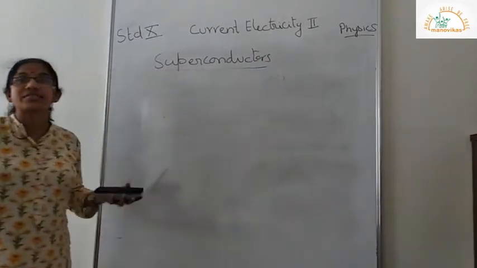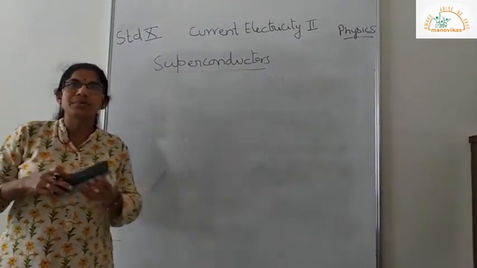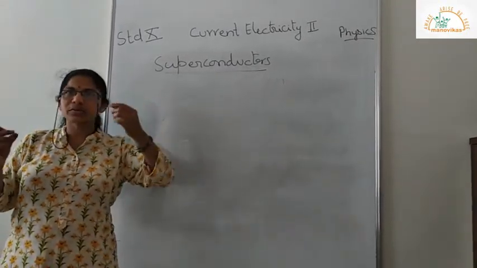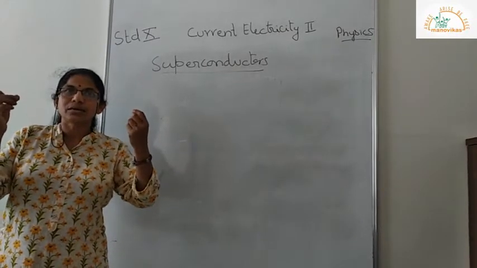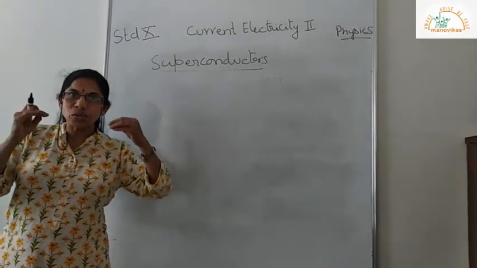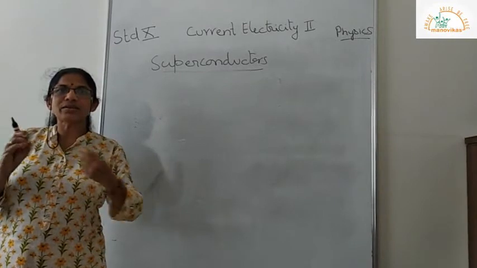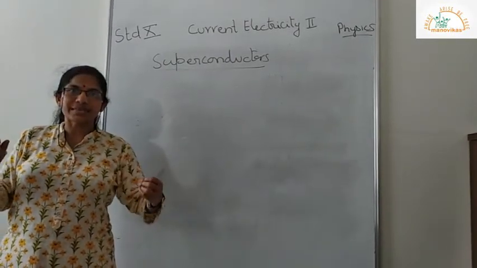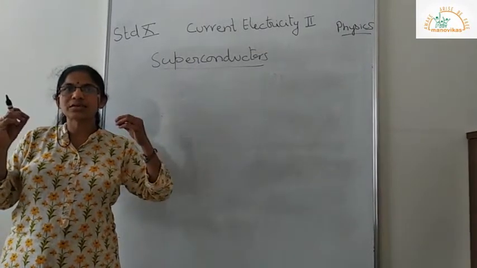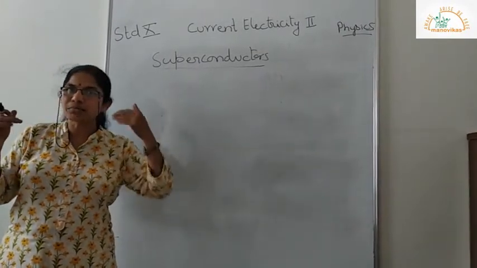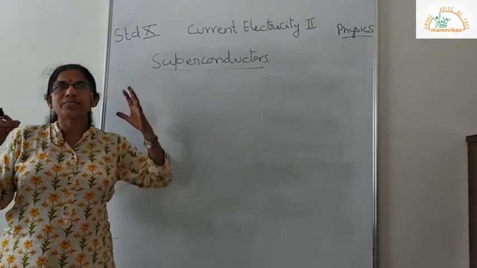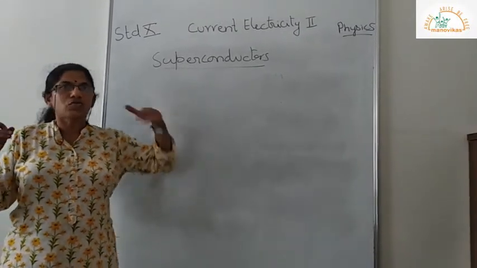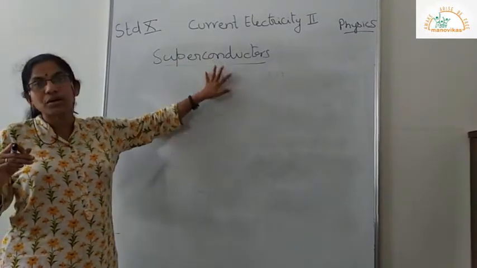As temperature increases, resistance also increases. But if any conductor can be kept at a very low temperature, then it is possible to have zero resistance. When the resistance in a conductor becomes zero, that material becomes highly conducting. Such materials are called superconductors.